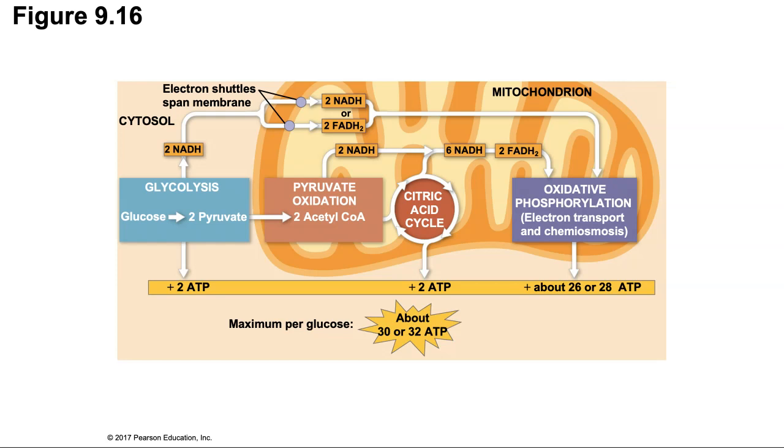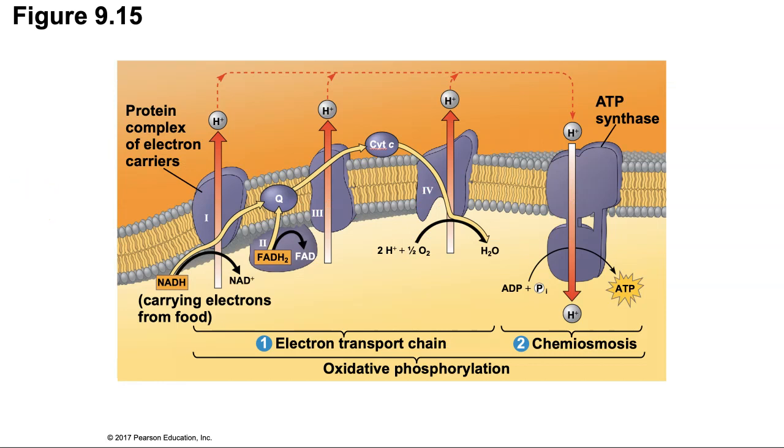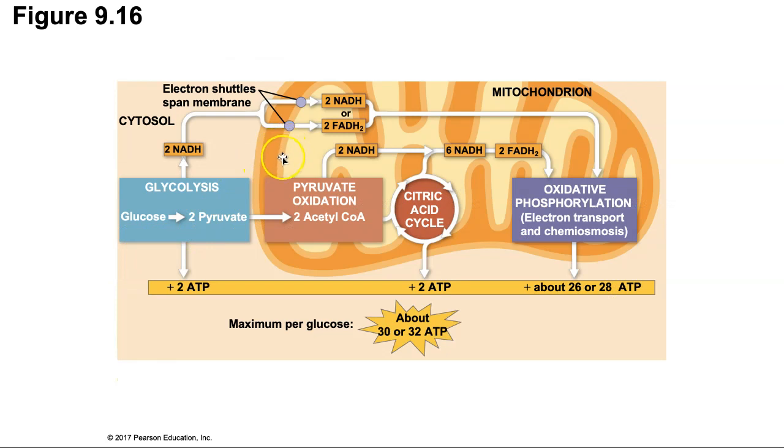So the complexes that we're talking about here are in this membrane here. Not the outer membrane, but the inner membrane. So all along this inner membrane here, we have those four complexes over and over and over again, right? The more the merrier, because the job of this is to make ATP.